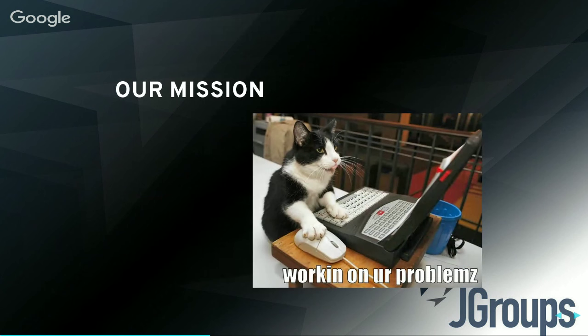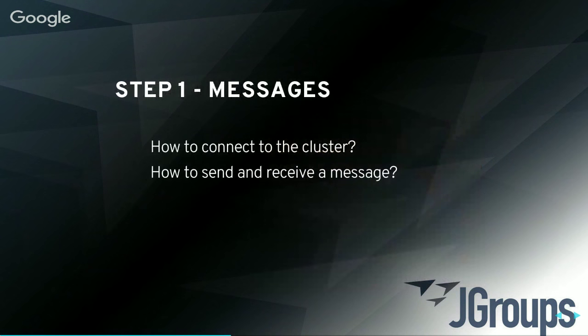Okay, so let's think about what we can build during this presentation. Let's build a chat client. So let's go through the API, and talk about each concept, but using some kind of application. So step 1: how to connect to the cluster and how to send and receive messages.